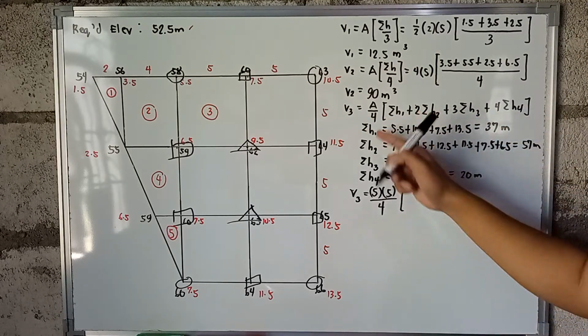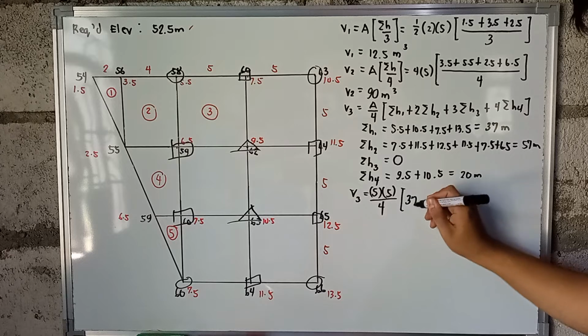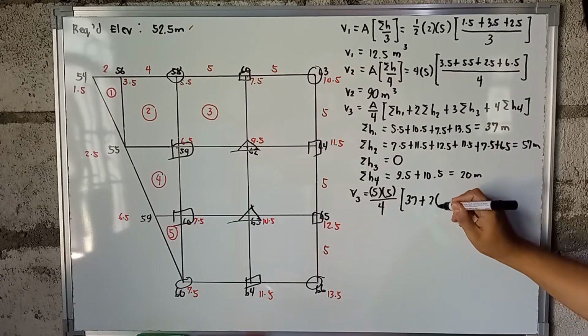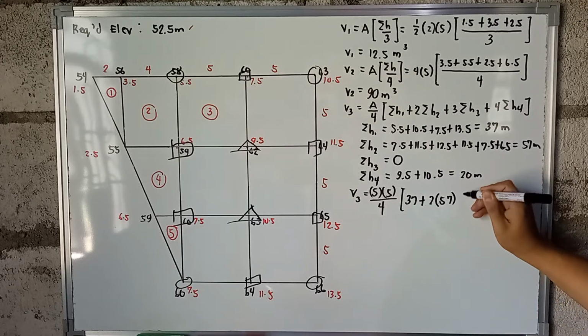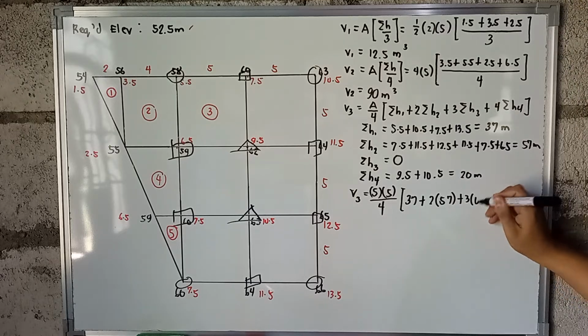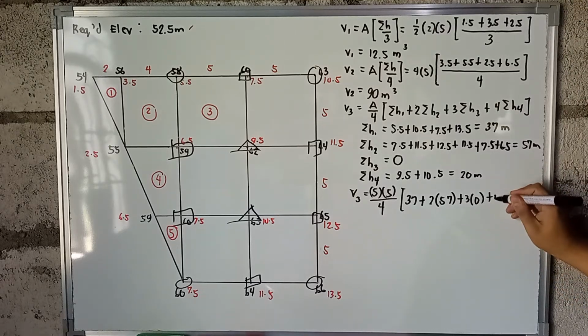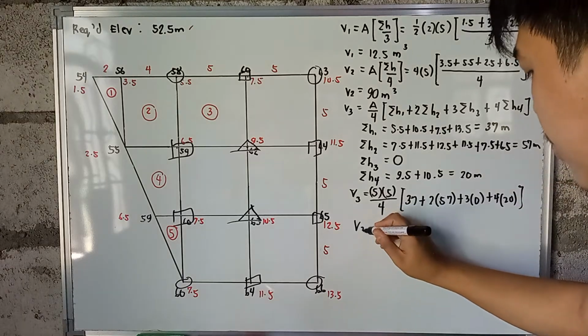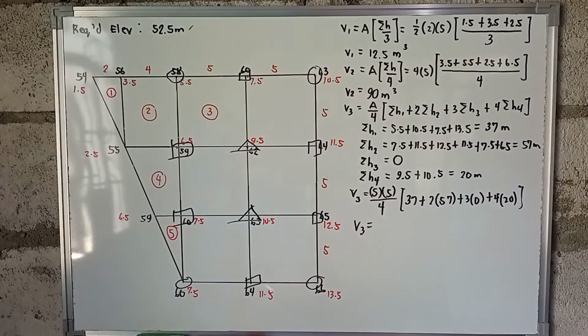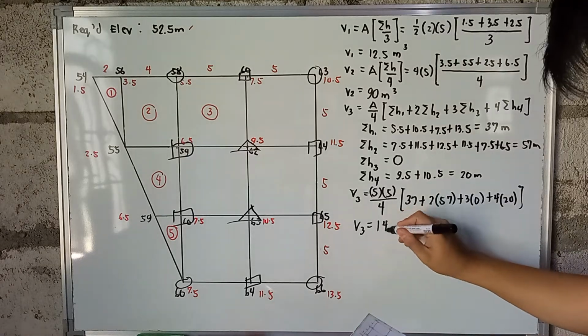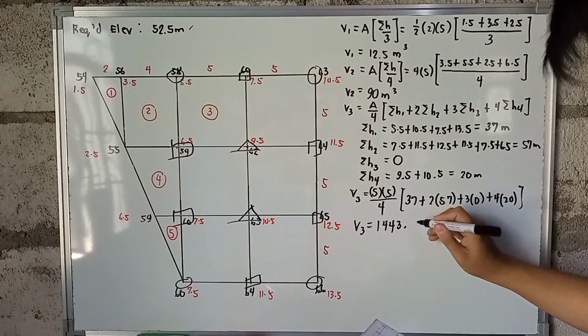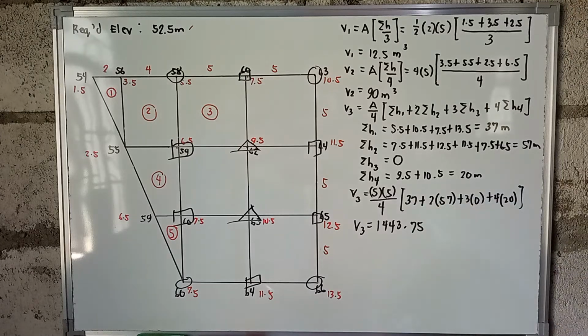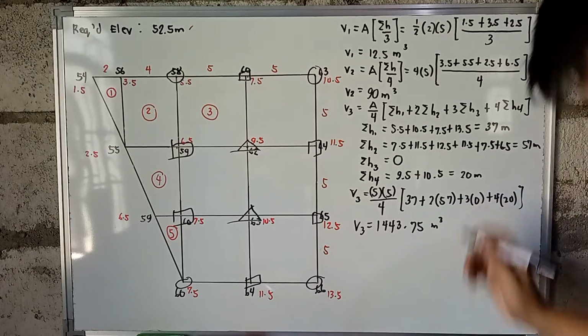Multiplied by, a sub 1 natin is 37 plus 2 multiplied by 57 plus 3 multiplied by 0 plus 4 multiplied by 20. So the value of our V3 is equal to 1443.75 cubic meter.